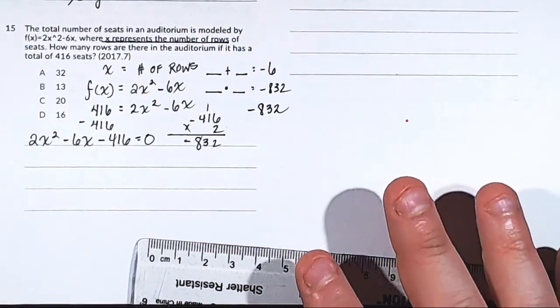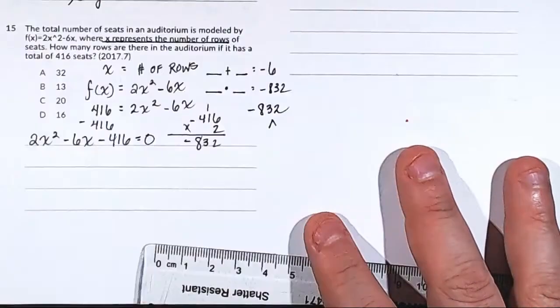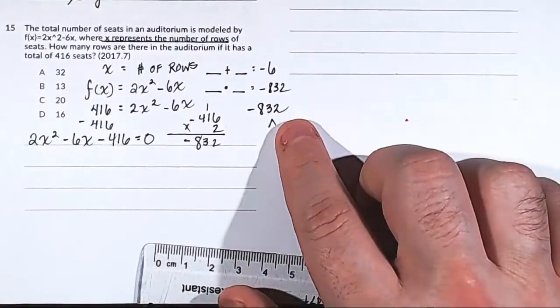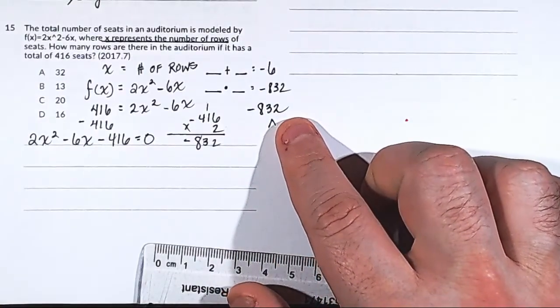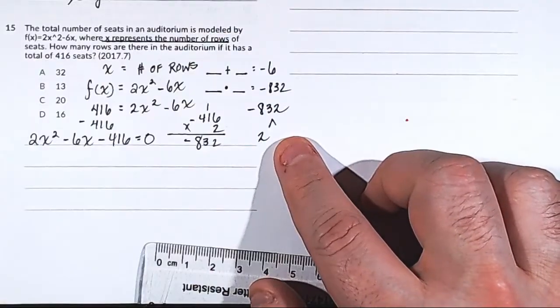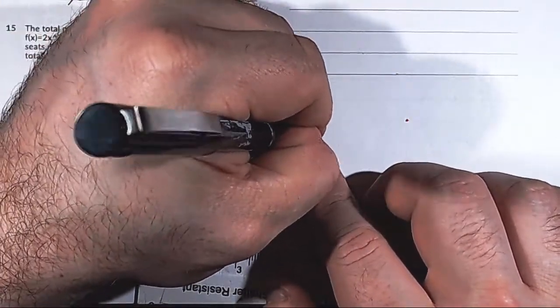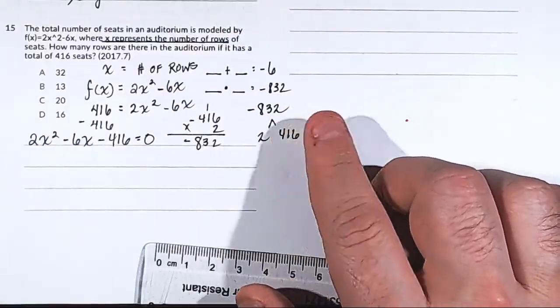So watch how I do this prime factor thing. The first thing I'm going to do is prime factor. And the smallest prime factor is going to be 2 because it's the even number. So we already know it's 2 times 416. And I'm not worried too much about the negative symbols just yet.